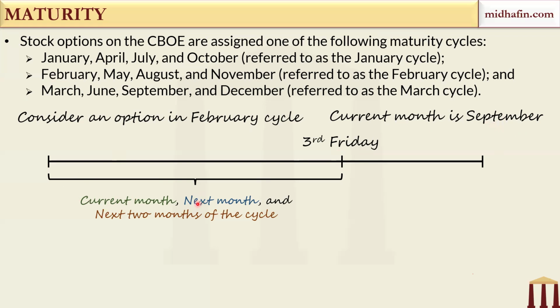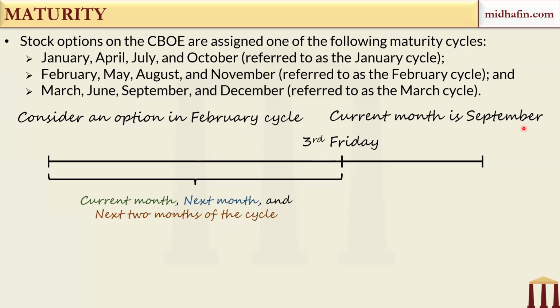They will trade for the next month, which is October. And then after October, what are the next 2 months in this cycle? After October, you have November and then February. Okay, so that's the idea.